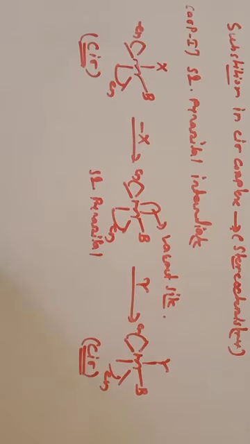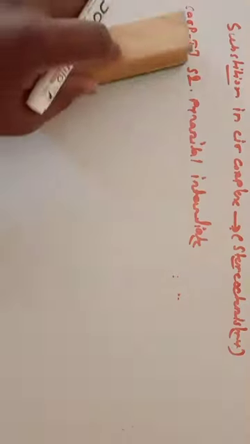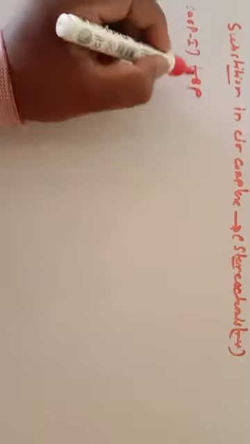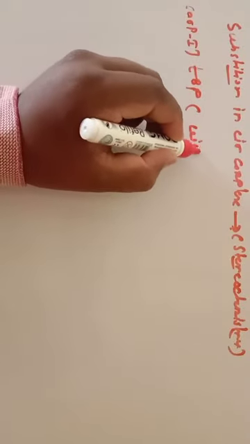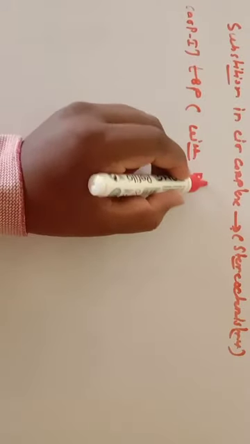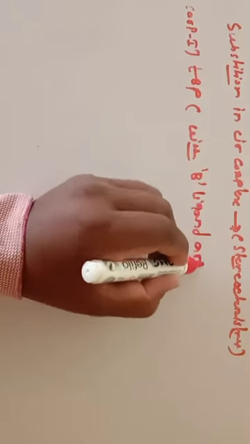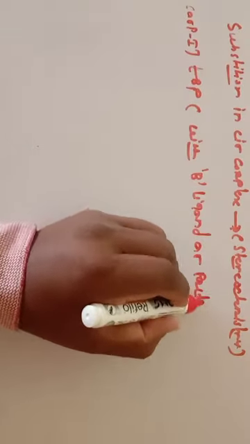Let us discuss the second case, in which the geometry of the intermediate is trigonal bipyramidal, and the B ligand is part of the trigonal plane. This is as simple as it is. Case second, the trigonal bipyramidal intermediate with the B ligand as a part of the trigonal plane.